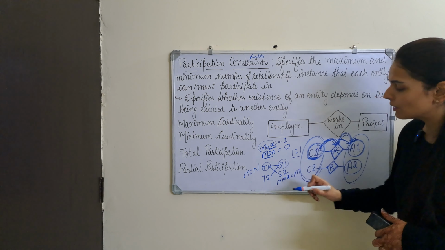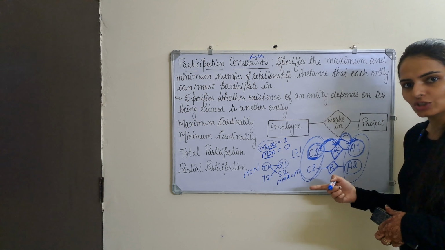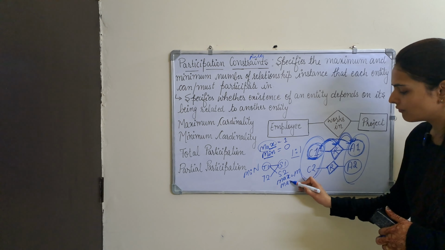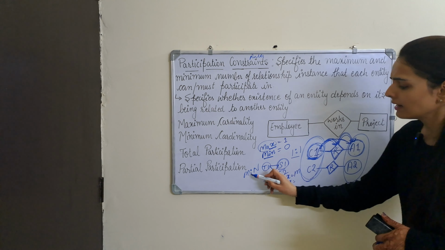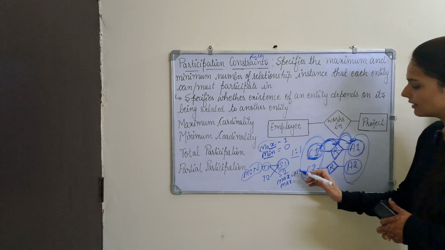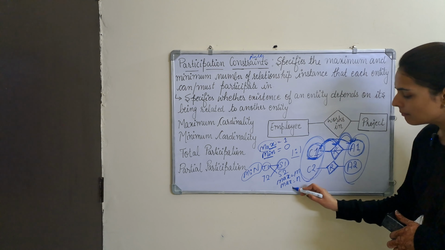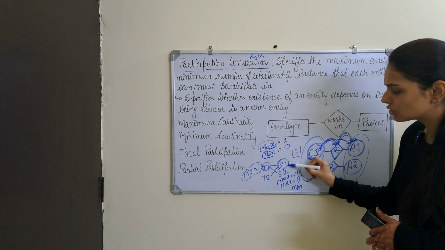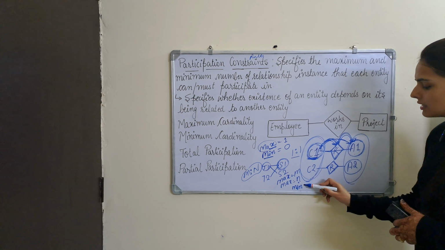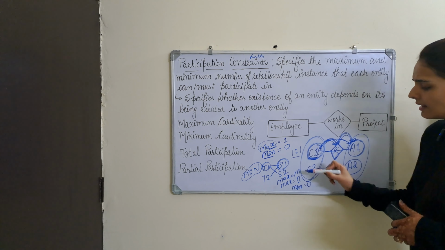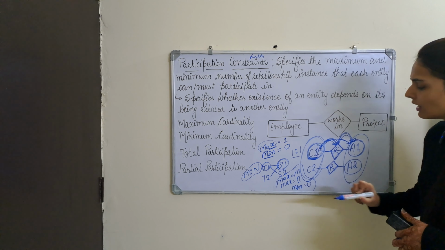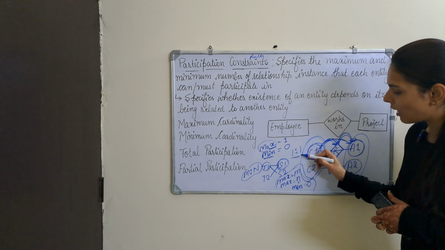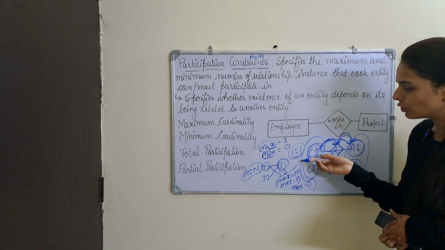Likewise for student as well, what was the maximum number of relationship instances in which it could participate? For student, as it was an M to N cardinality ratio, it was N, and the minimum number of relationships in which both this teacher and student could participate was 0. So again we understand that these are the rules that we impose over these entity sets, as we had for one-to-one mapping.